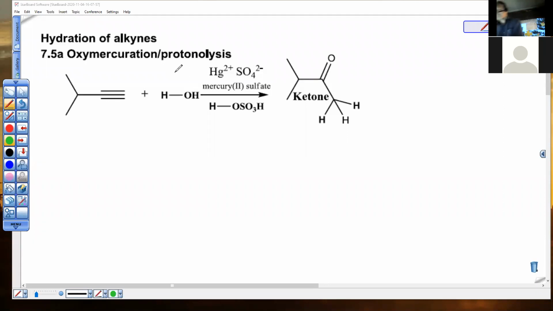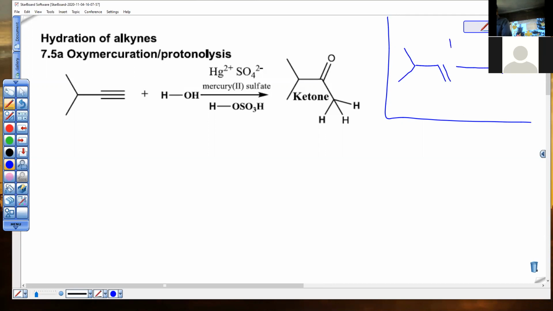All right. So the mercury we're using here compared to Chapter 6, let's just have a Chapter 6 comparison on the side here. In Chapter 6, we reacted alkenes, and we used a two-step process with oxymercuration. We used Hg that was different.